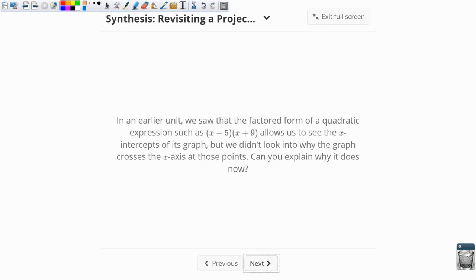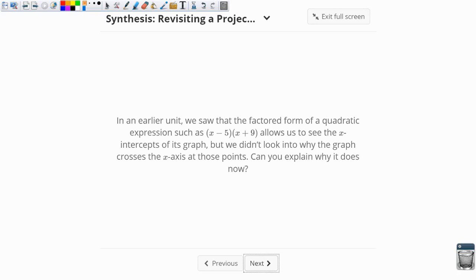In an earlier unit, we saw that the factored form of a quadratic expression, such as the quantity x minus 5 times the quantity x plus 9, allows us to see the x-intercepts of its graph. But we didn't look into why the graph crosses the x-axis at those points. Can you explain why it does now?